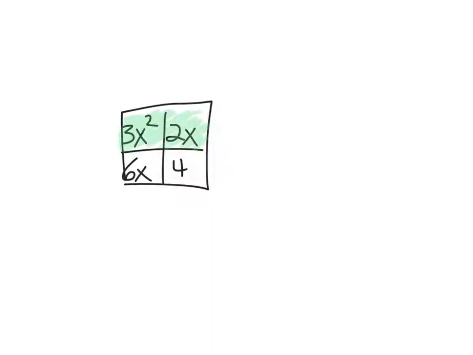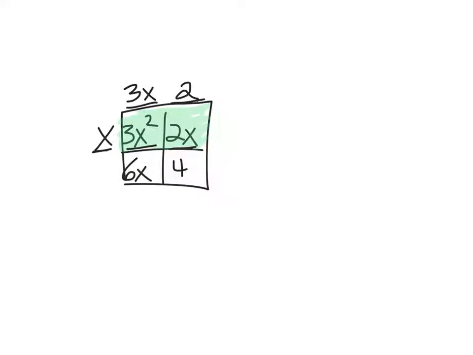And we're going to do the same process we've done in this video with just the top. So what can go into 3 and 2? Just 1. But they both have an x squared, so I can take out an x. So I'm going to take that out and put it on the side. And I say, what do I multiply to x to get 3x squared? I would multiply by 3x. What do I multiply by x to get 2x?